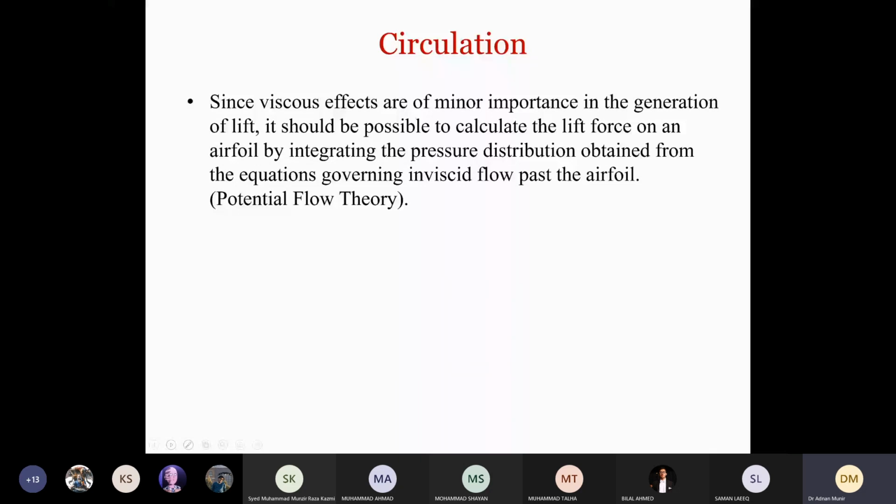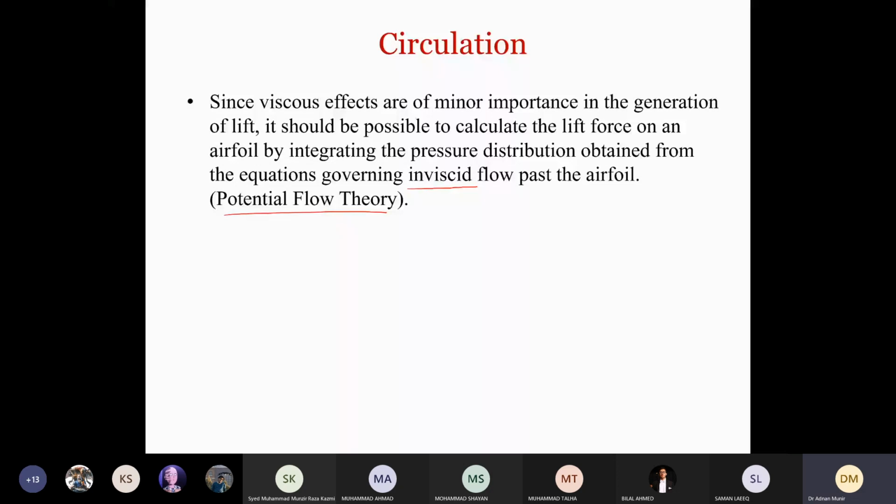So that means the lift force will only be because of the pressure distribution. Now, because the lift force is only because of pressure distribution, we can assume the flow to be inviscid. We can neglect the viscosity, and as a result, we can use the potential flow theory or Bernoulli's equation to find the pressure on the aerofoil, right?